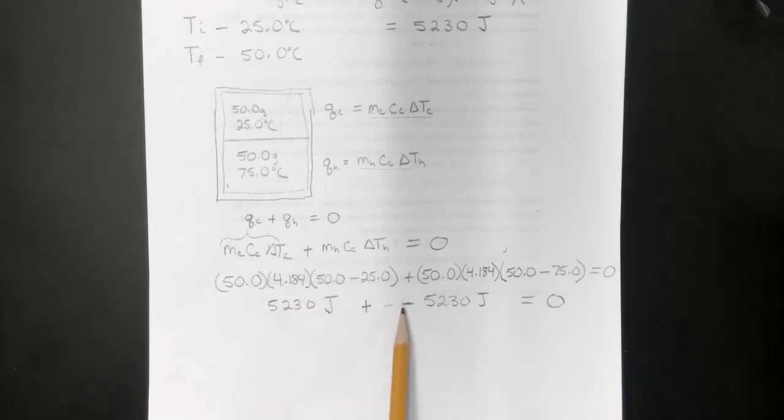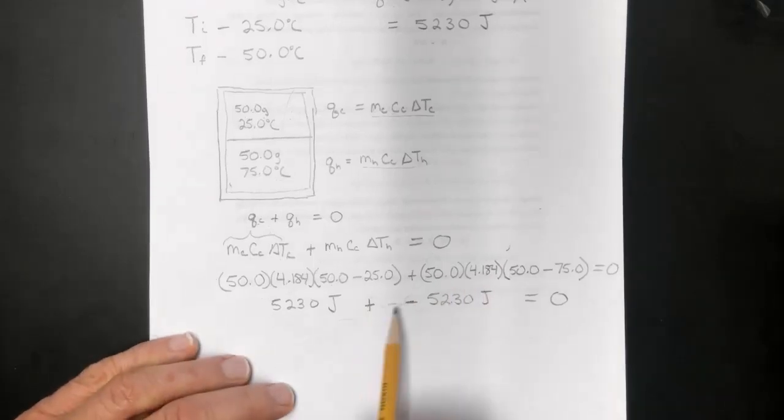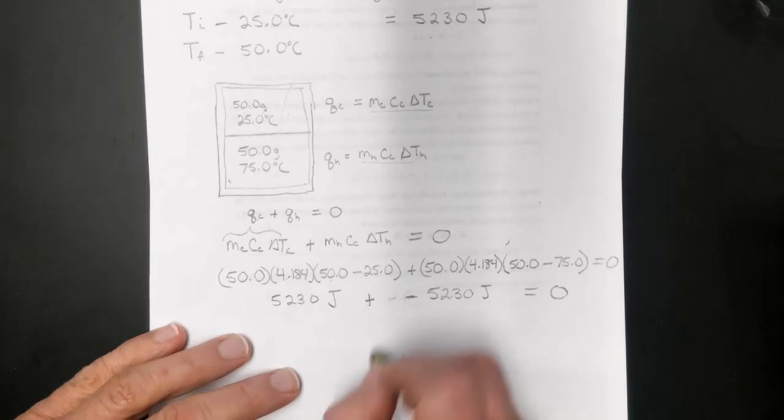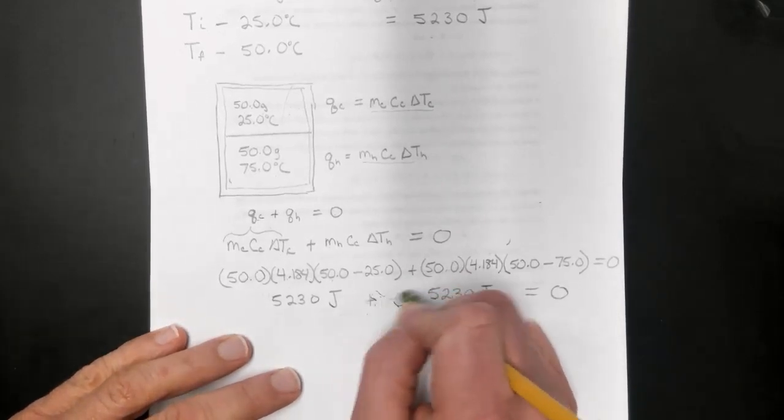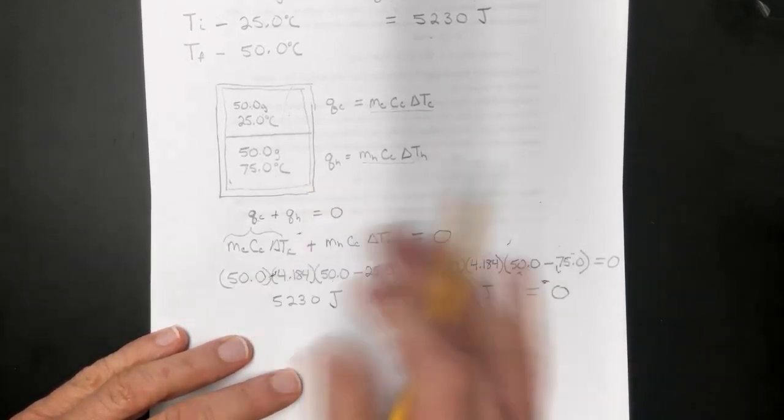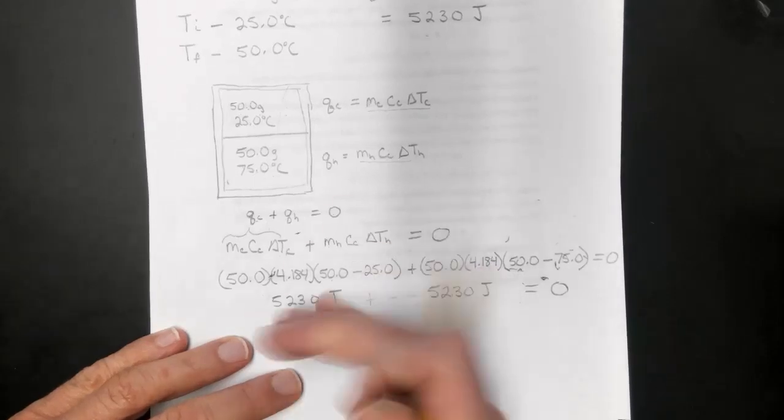Right? So the cold water received 5,230 joules, and the hot water lost 5,230 joules. So plus a negative is just a minus. So we can write it like this.